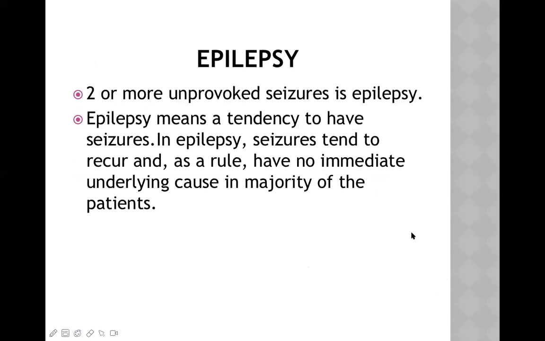Now, what is epilepsy? What is the definition? What do you mean by epilepsy? And what is the difference between a seizure and epilepsy? Now, these are the questions which will be asked to you. Now, see here. Epilepsy is occurrence of 2 or more unprovoked seizures.